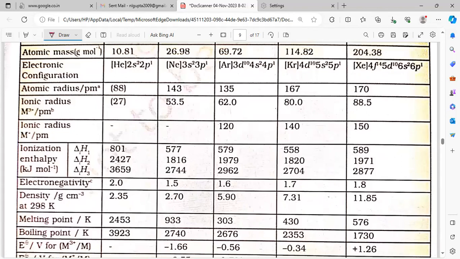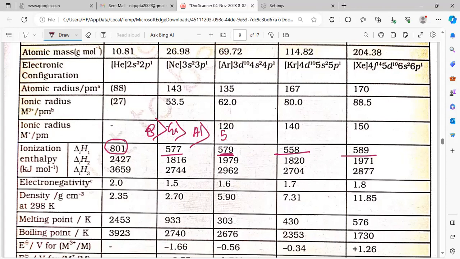Ionization energy. See this one, 801, is the highest, that is boron. Then which will come, 579, this one is gallium, then 577, aluminum. Then 558 and 589 will come.